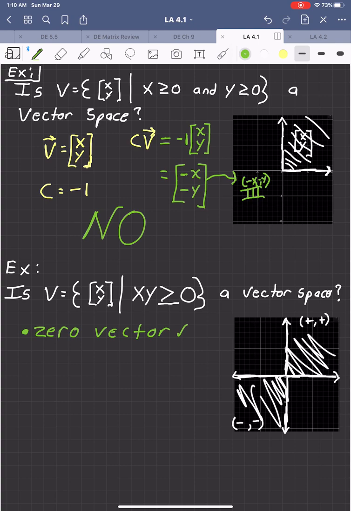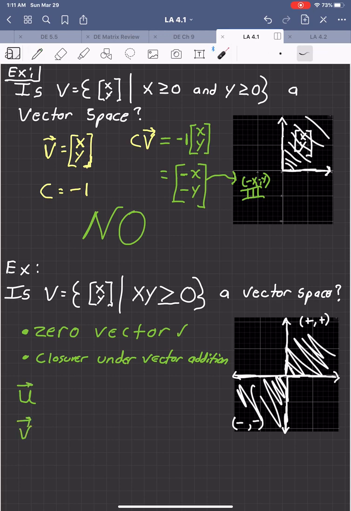Now, at this stage, let's look at the idea of closure under vector addition. Okay, and here's one more shot to make sure you understand what closure under vector addition means. That means that for any two vectors you choose, let's say u and let's say v.